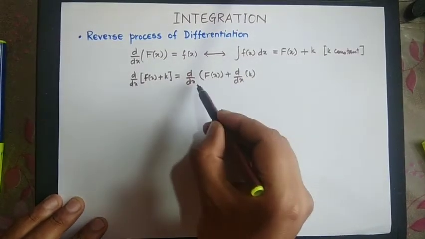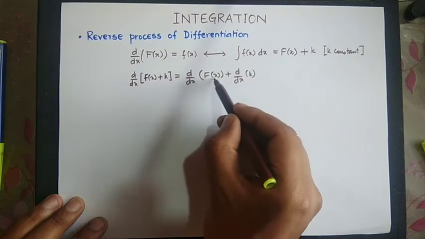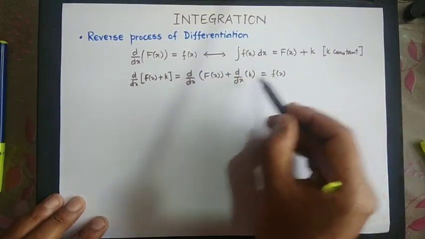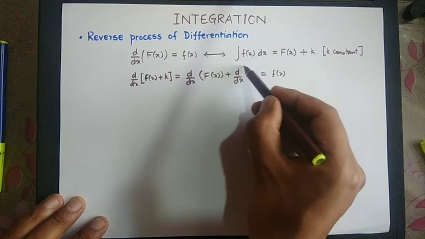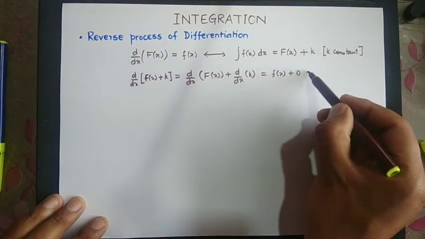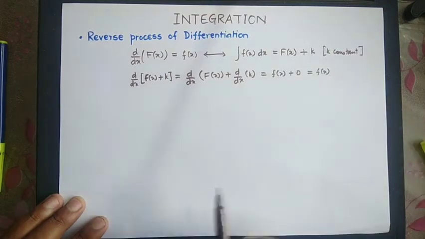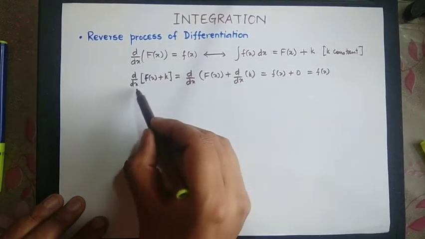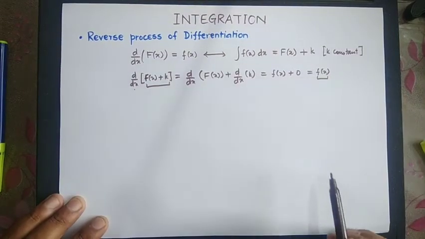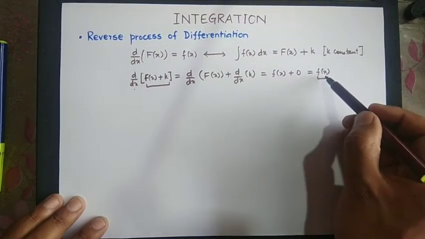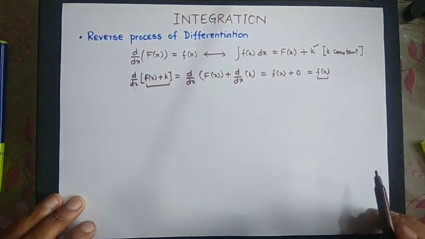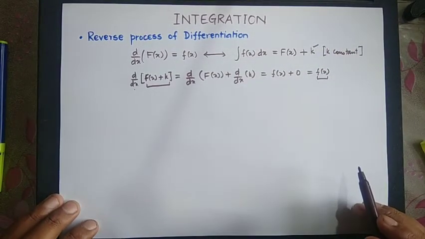We know d by dx of F(x) is f(x), and the differentiation of a constant is 0. So f(x) plus 0 gives me f(x). That means if I differentiate this, I am getting f(x), so if I integrate, I should get this back as well. That's why we always need to put a constant. Hope this is clear to you.